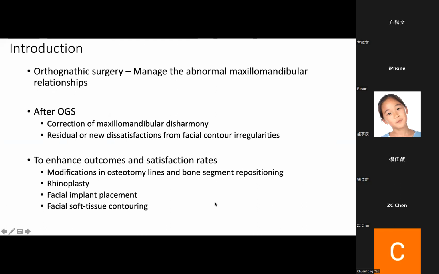Most of the time I only select asymmetry cases, and if I predict that skeletal surgery alone will not result in good symmetry, I will consider doing fat injection at the same time. So my experience is only limited to severe asymmetry or hemifacial microsomia patients. Okay, got it. Thank you.